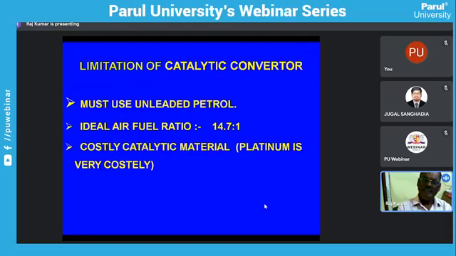The second is, we must use unleaded petrol, whose sulfur content should be less. Otherwise, if we are using leaded petrol, lead is there, and it will stick on the surface of the platinum and rhodium. So the catalytic converter will become unserviceable.